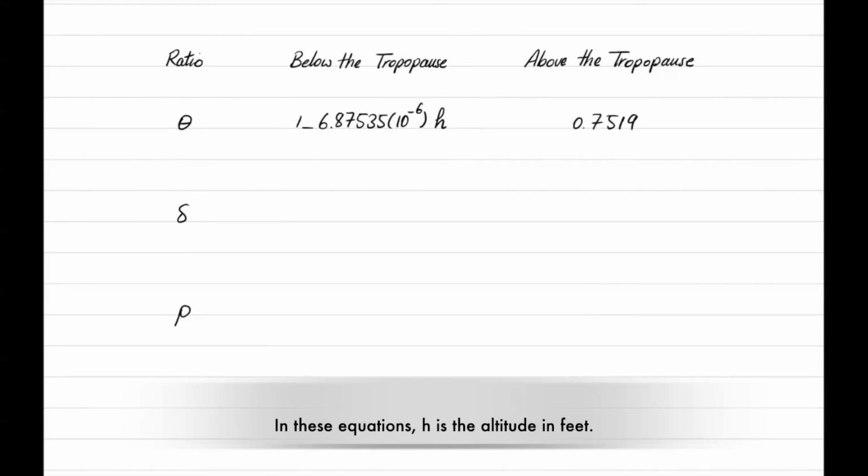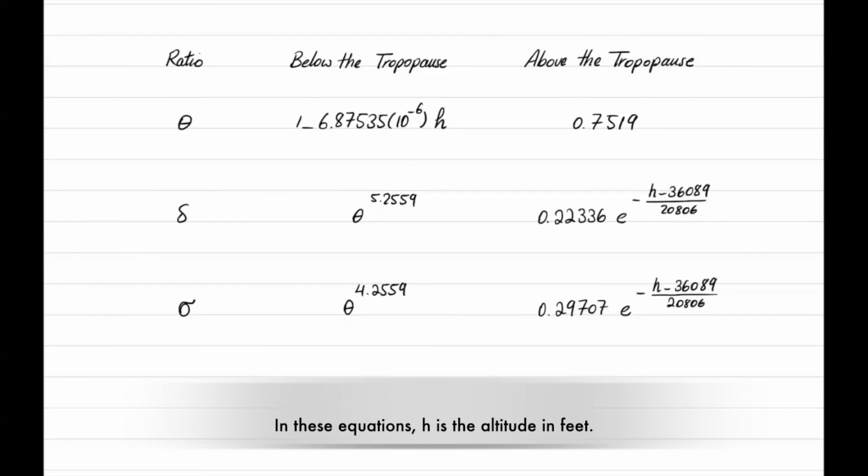Below the tropopause, we can find the pressure and density ratios based on the temperature ratio. Oh, sorry, it's not rho here, it's sigma. We show the density ratio with sigma. So these two are the relationship between the pressure ratio and the temperature ratio below the tropopause. And above the tropopause, we have these two equations.